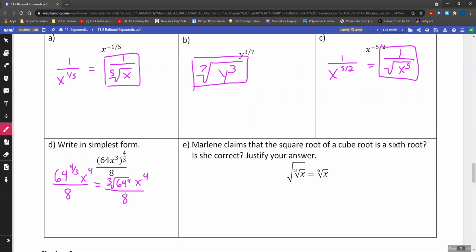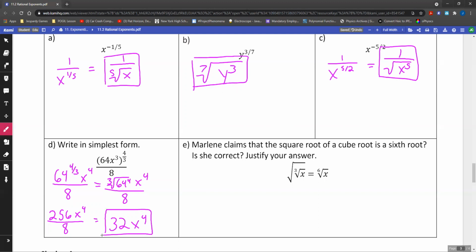Now, you may actually want to put this in a calculator because the 64 to the 4/3 can be rewritten as 256 x to the 4th divided by 8. And when we divide that by 8, this actually simplifies to 32 x to the 4th. So that is the most simplified way of writing this number.